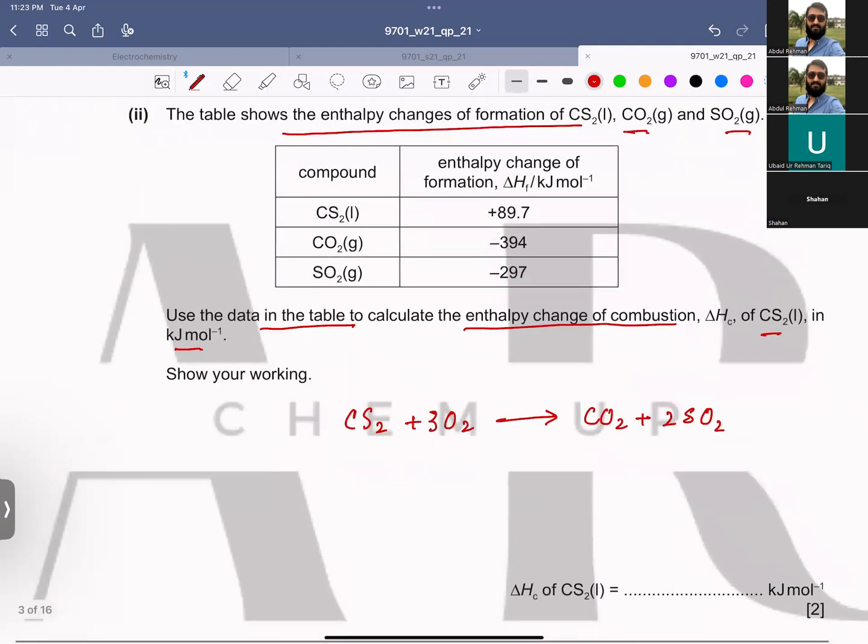The enthalpy changes provided are the enthalpy changes of formation. So let's make the Hess cycle. In the Hess cycle, we will keep the elements over here, as we are provided with the enthalpy change of formation. I can mark the combustion as X. Here 1 mole of CS2 is forming, so 89.7.